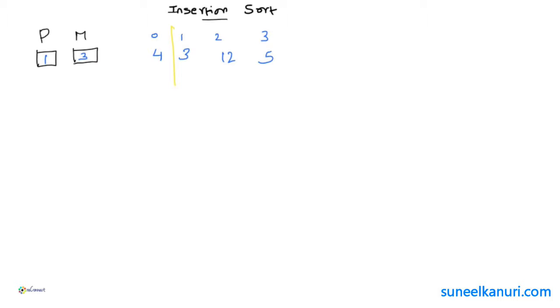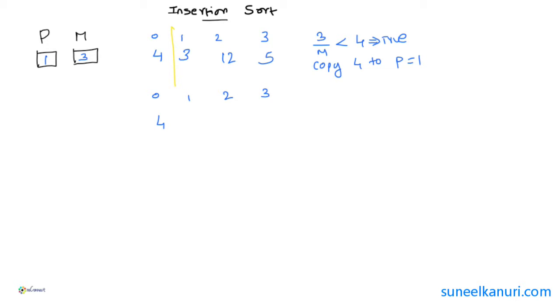Alright, so we will be comparing our element at position 1, which is 3, with the element at position 0, which is 4. Since 3 is less than 4, we're going to shift 4 to the right, which means we copy 4 to position 1.